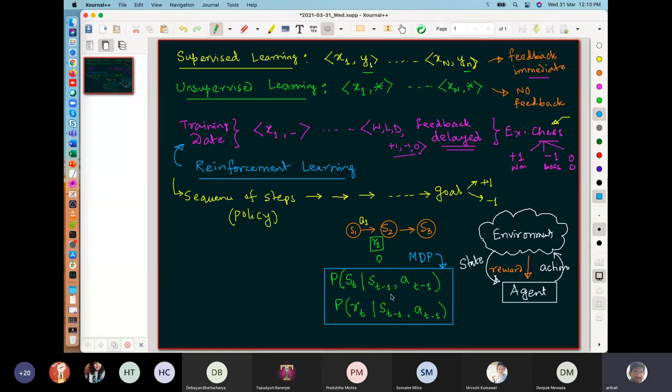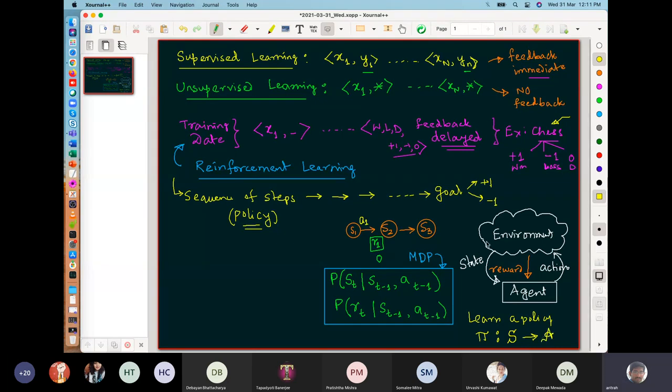So under this setup, what is our challenge? Our challenge is to learn a policy so that we could guide the agent to reach its goal. I want to learn a policy, pi, which, given a state configuration, provides an action.